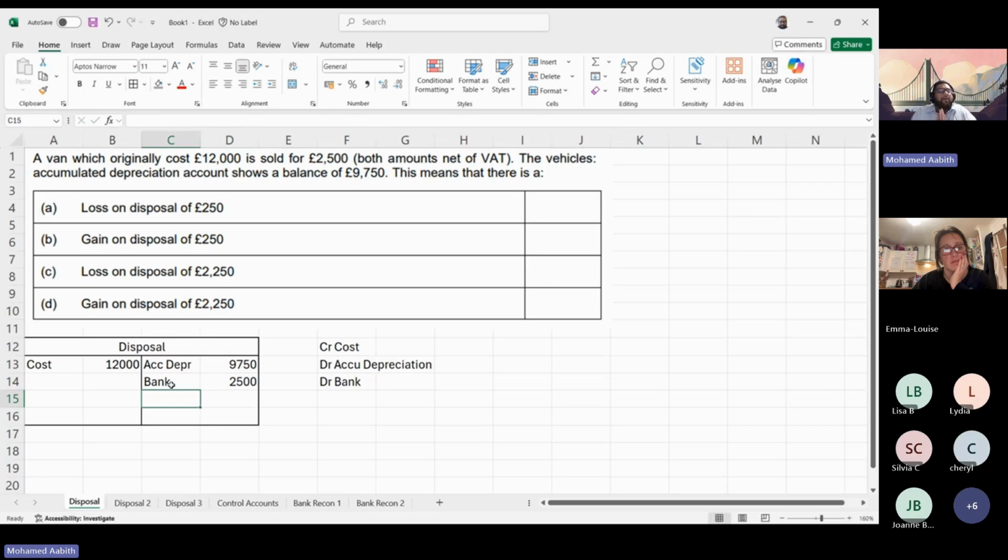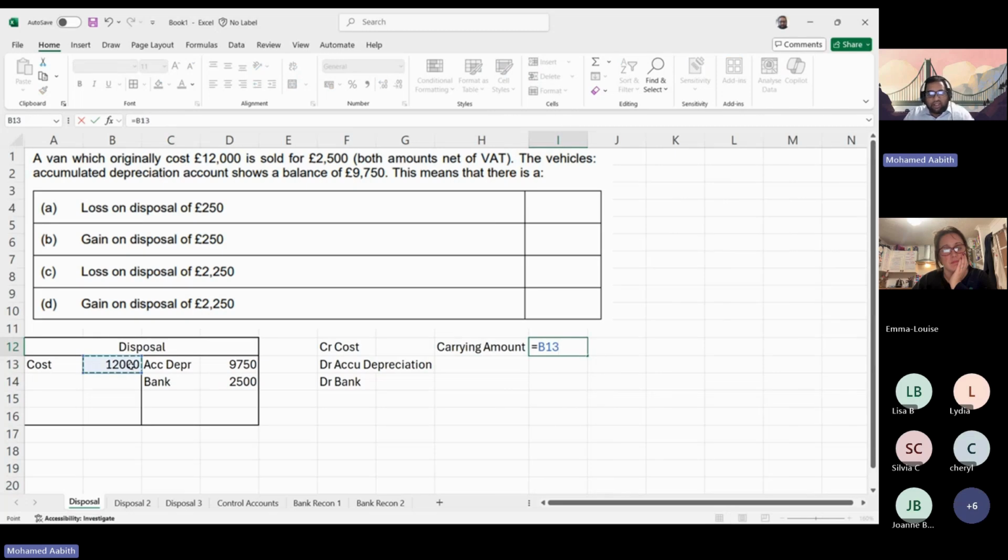But let's look at it from the point of what we said earlier. What was the carrying amount for my non-current asset? The carrying amount is going to be this minus that, which is £2,250.